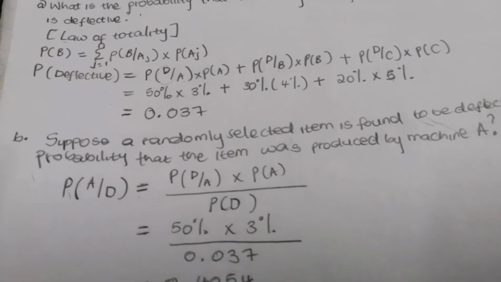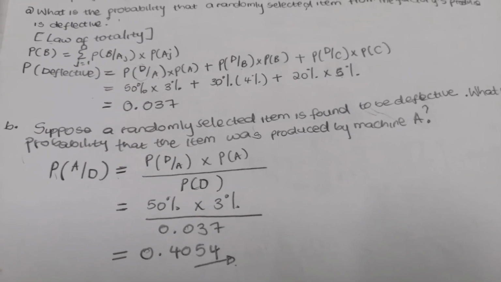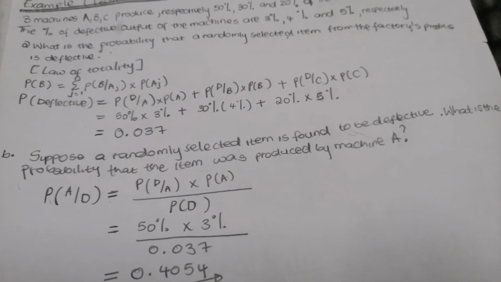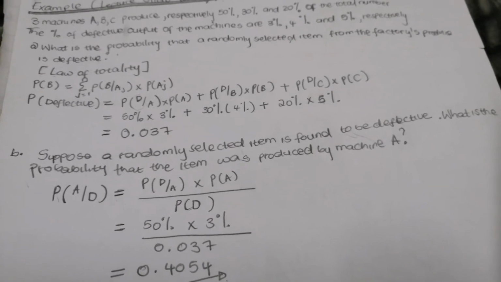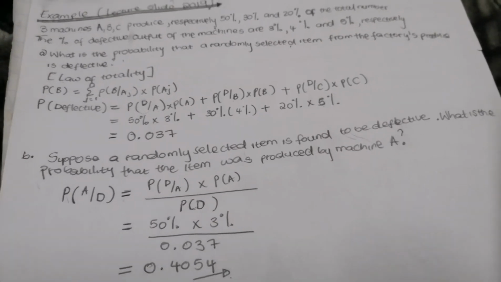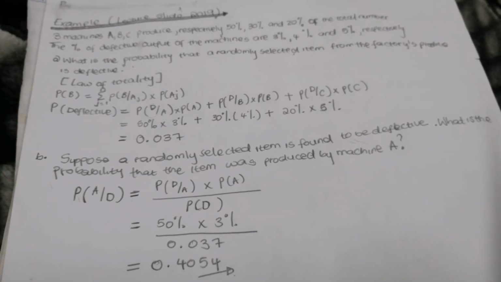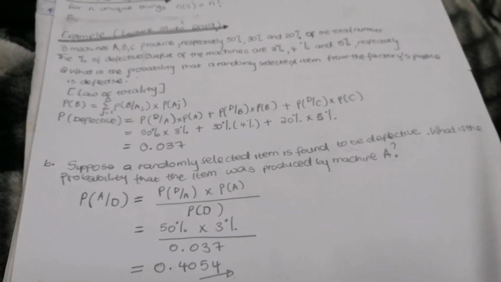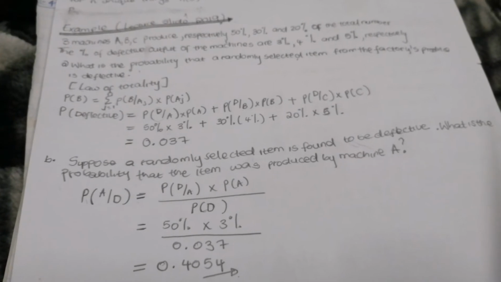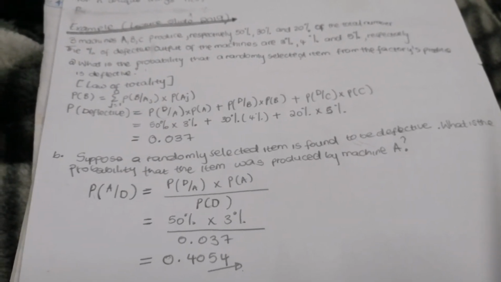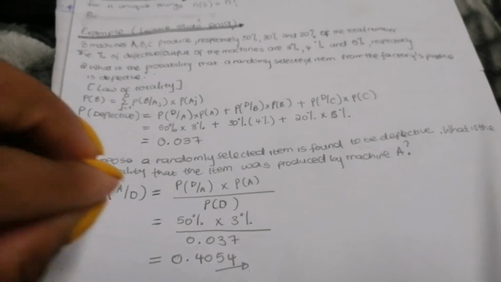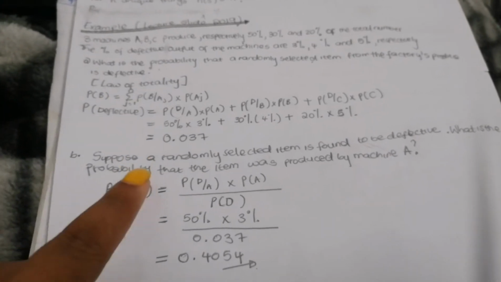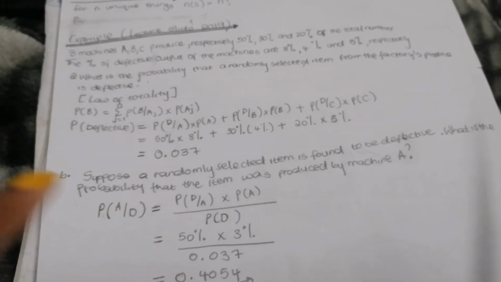The second question says, suppose a randomly selected item is found to be defective. What is the probability that the item was produced by machine A? So you can see that they selected an item and it was defective. Now they want to know the probability that the item was produced by machine A. So we are looking for the probability that the item was produced by machine A given that it is defective.